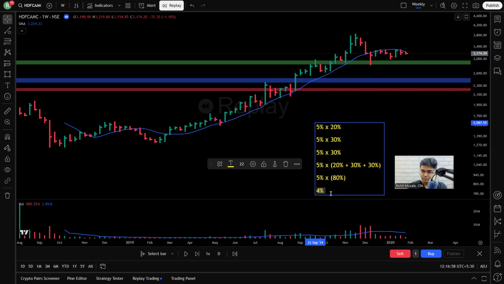So, which means as a positional trader, you don't need too many stocks in a year to generate a decent return. And if you are very selective in your stock selection process, you don't have to worry at all. So that is why I say be extremely selective, be extremely strict with your criteria. Just 3 to 5 stocks, good stocks, more than enough.